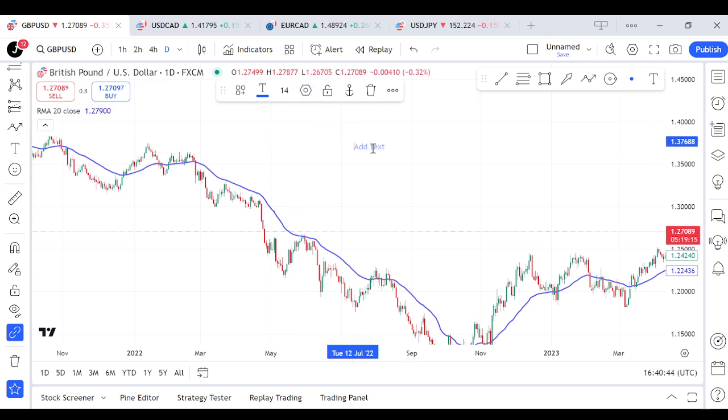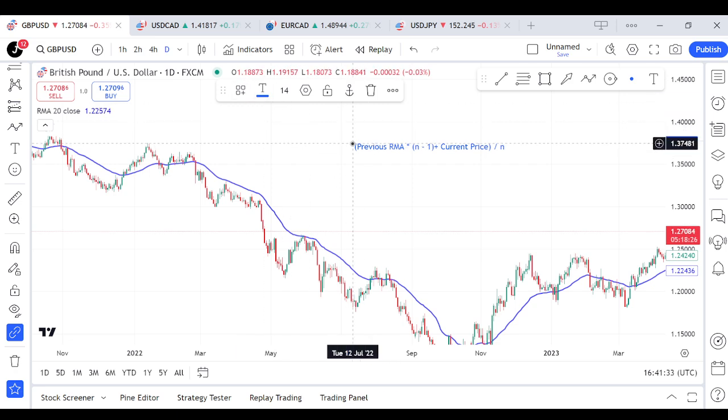The RMA, or the rolling moving average, is equal to the previous RMA times the number of periods minus 1, close the bracket, plus the current price, all divided by the number of periods.